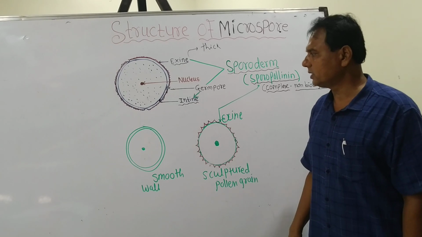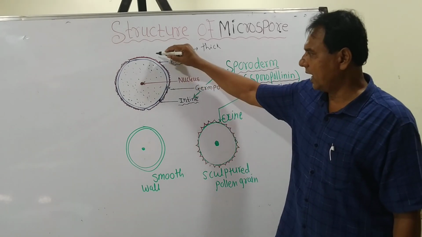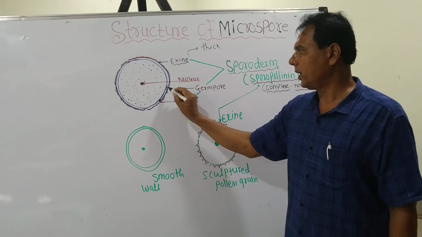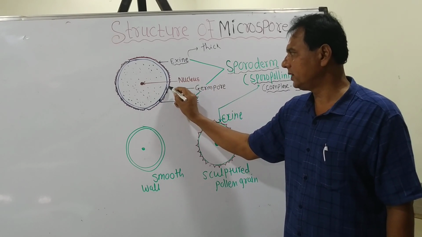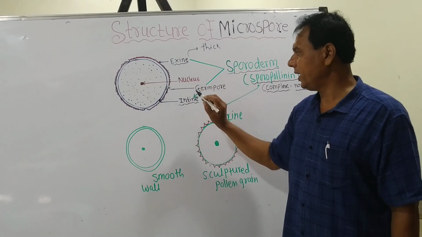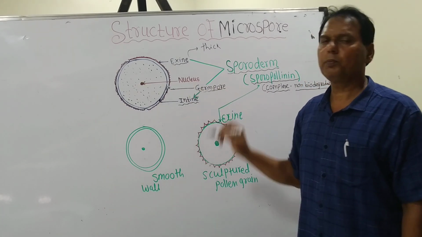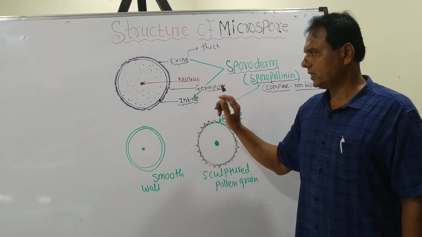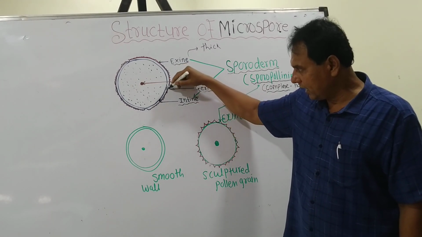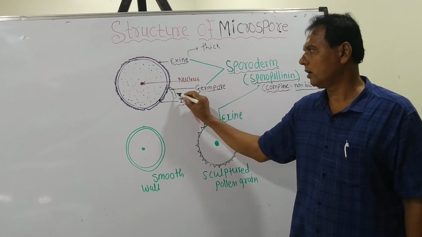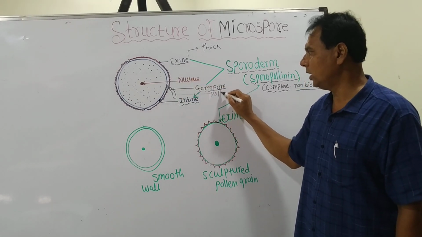Next, there are important things. The exine surrounds the pollen grain on all sides, but at some places it is thin. That thin area is called the germ pore. The germ pore is the place from which the intine comes out in the form of a tube-like structure, which is called the pollen tube.